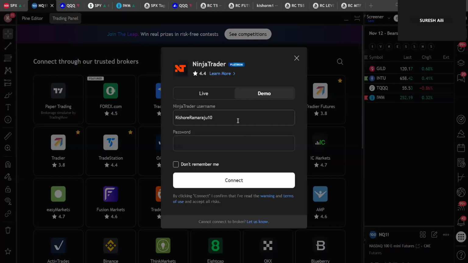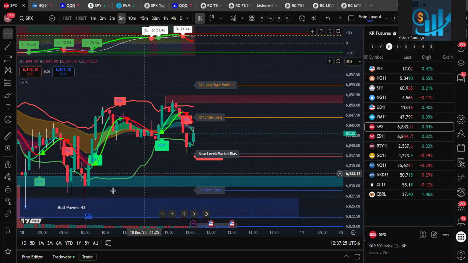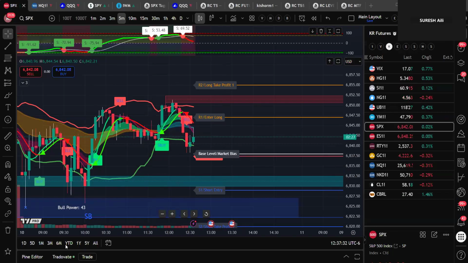You give the credentials of that Elite Trader Fund here, and then here you can give the Apex credentials. So at the same time, you can trade in two different accounts, right? We can do short in one Apex account and buy in the other. Yes, you can go long in one and short in the other.